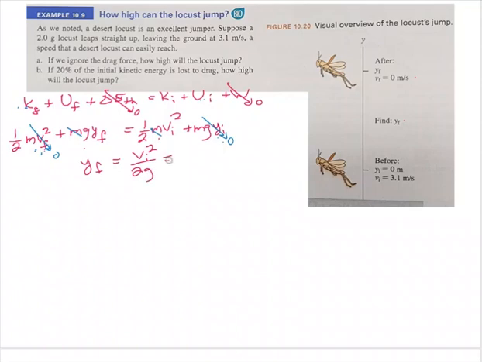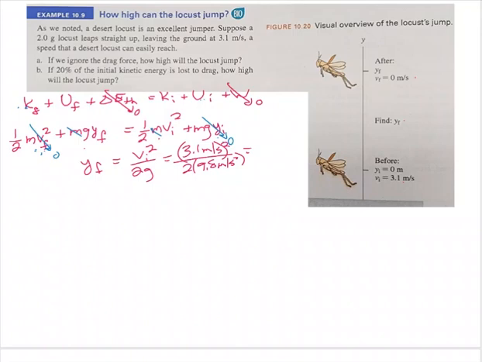And I can plug all that stuff in because this is what we're looking for. How high will the locust jump? So the initial velocity was over here, 3.1 meters per second, and this is squared. Divide by 2 times 9.8 meters per second squared. And what is it? 0.98.